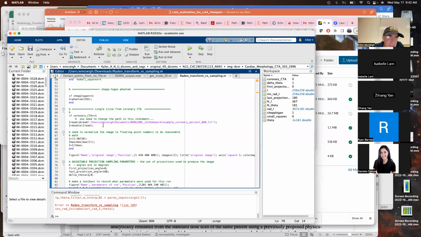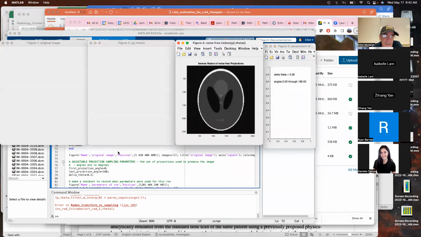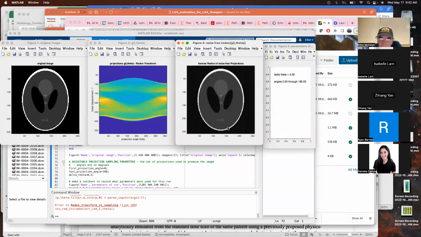What happens if we go to 0.5? Right now we have lots of projections, 360 of them. Yeah, that stuff goes away. So there was something about the undersampling of this very hard edge at only a 1 degree difference between the projections that caused this streak in the background.